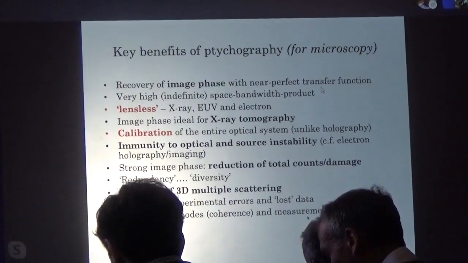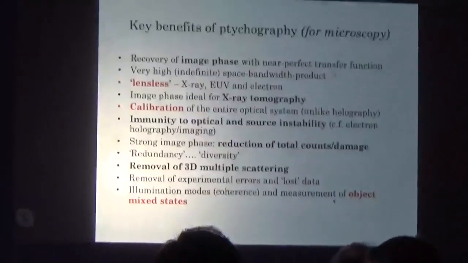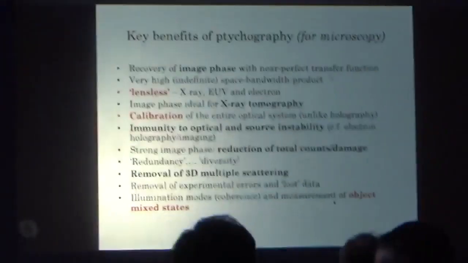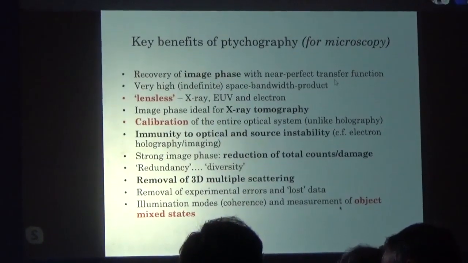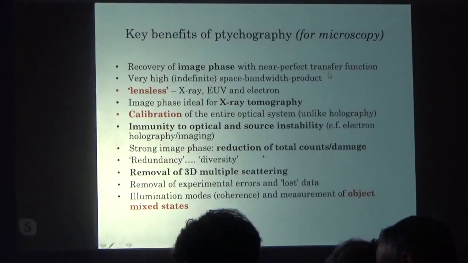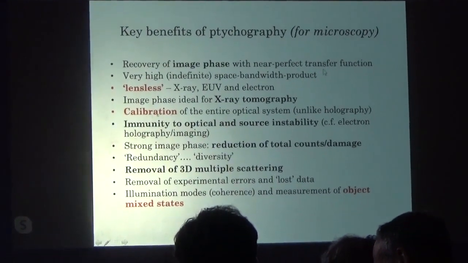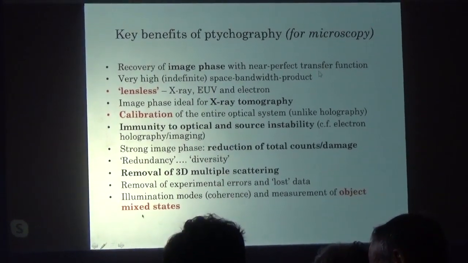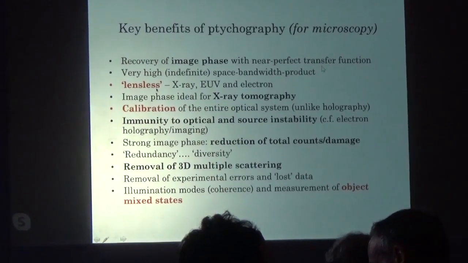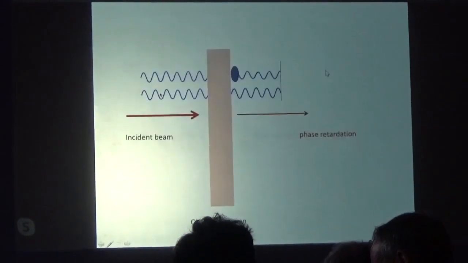Furthermore, we can pull out a mixed state. So the object may have more than one state, but we can pull it out. I've just highlighted in red what might be relevant in this context.